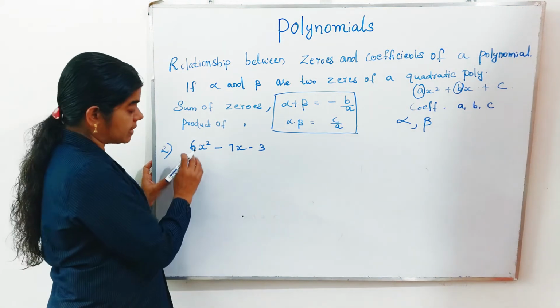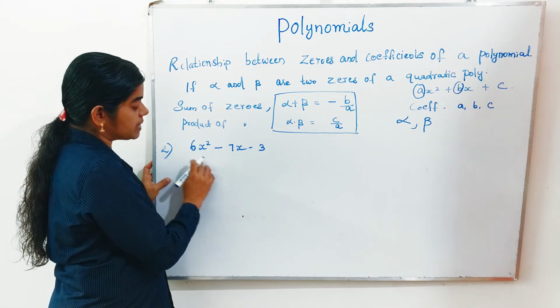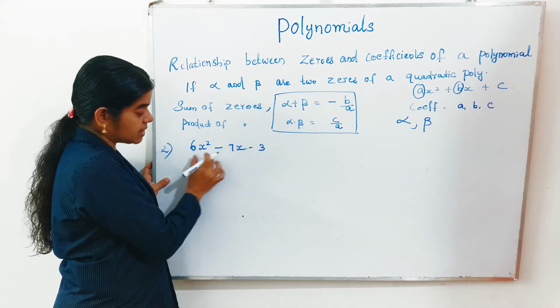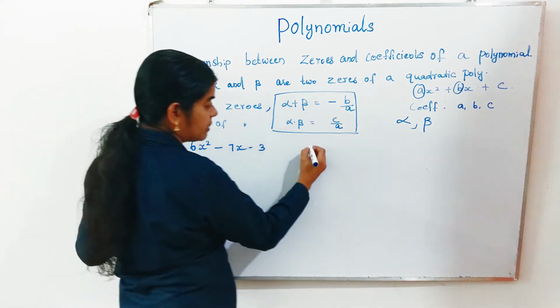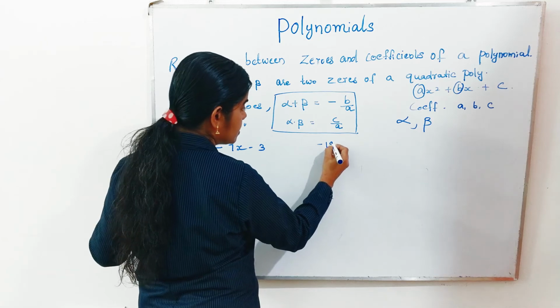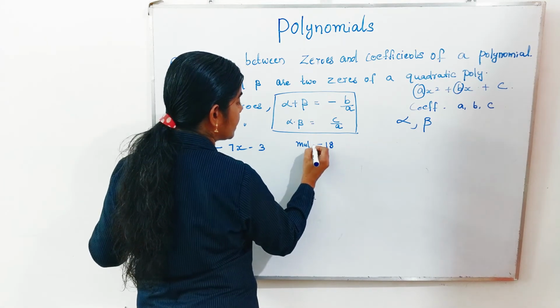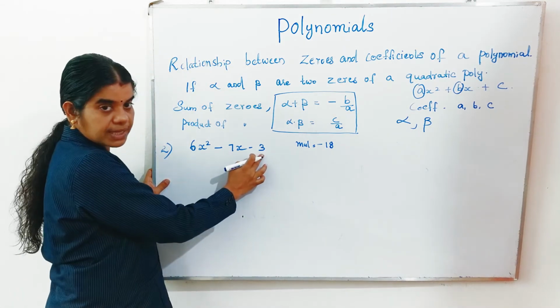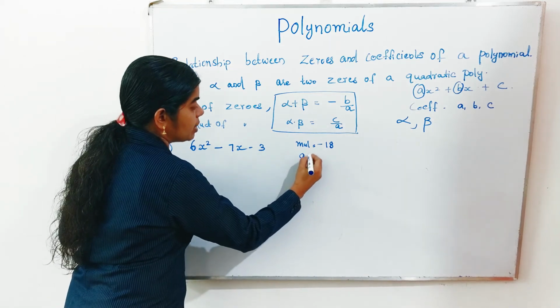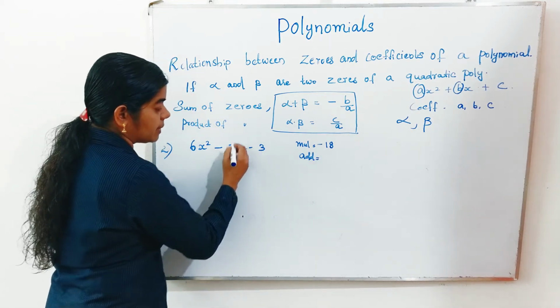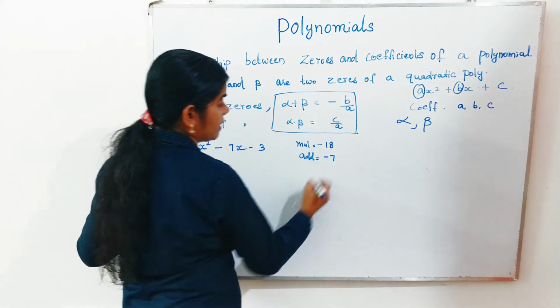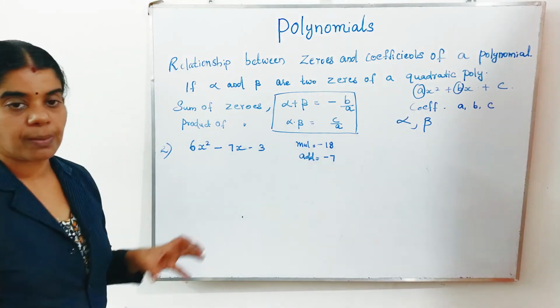First you want to multiply the coefficient of x square and the constant number. 6 into minus 3, you are getting minus 18. So multiplying, you want to get minus 18, and adding, you want to get the middle number, that is minus 7. Then you want to choose two numbers.